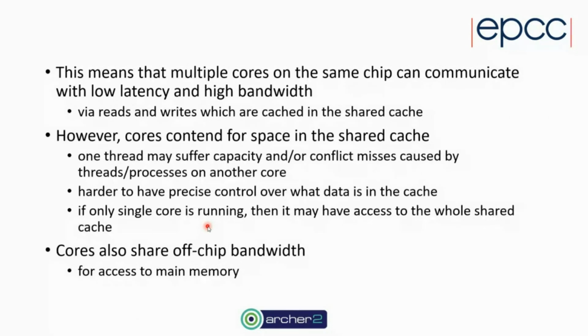Now that performance differential has not lasted, and actually processor speed has got much faster than memory speed, and that means that nowadays it will take you thousands of clock cycles on a processor to fetch data from main memory. And this is one of the main performance bottlenecks for most applications using a system like ARCHER2.